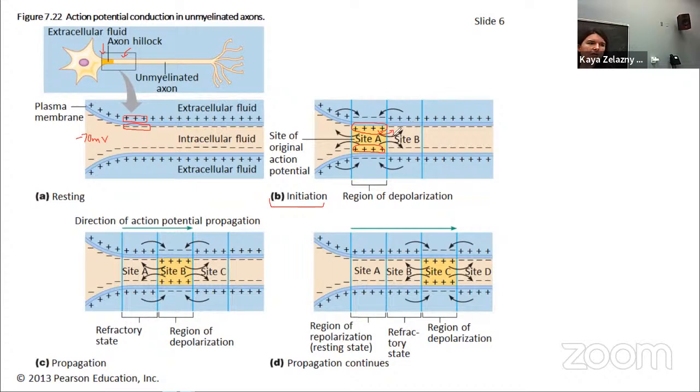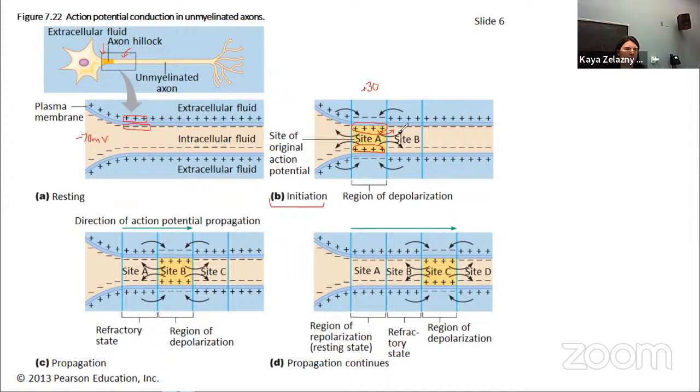Once you move that positive charge over to site B, you've now depolarized site B a little bit, right? So if we were all at -70 to begin with, and site A got to +30 with its action potential, this starts to depolarize site B. So maybe we get to -60.